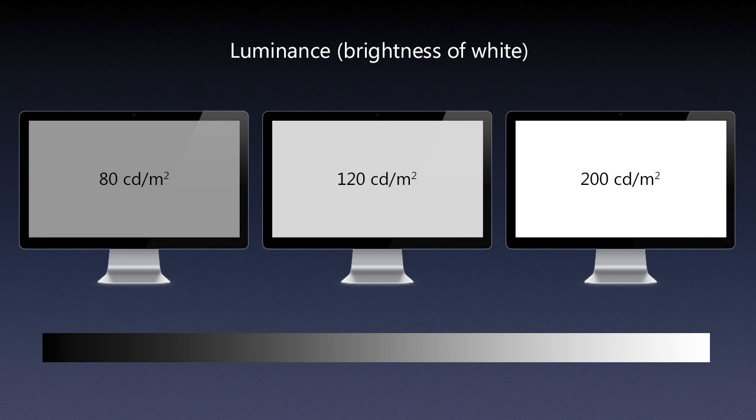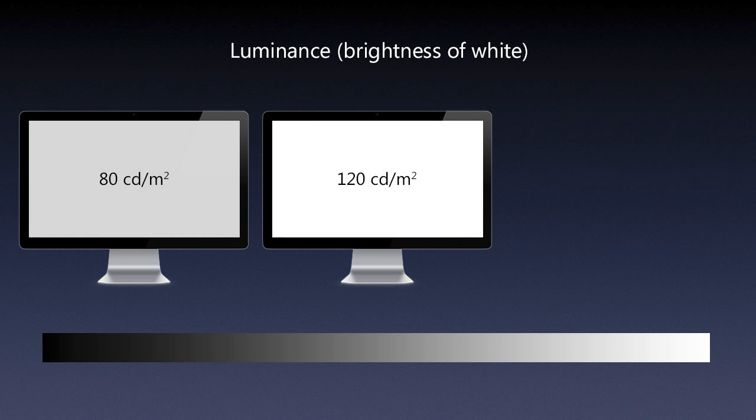But also, not every monitor will be able to natively go below 120. So it might be very, very bright, like 300 candelas per meter square, right? And you calibrate it and you cannot just lower it. There's no setting to lower it natively to go below 120. So I think that's a good starting point, and we'll talk about when and why you would want to calibrate to a different setting.